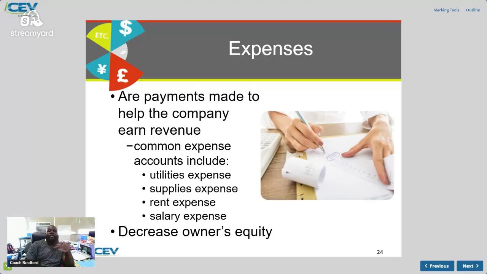Okay. Expenses. Expenses are payments made to help the company earn revenue. Emphasis on that. Everything that they buy is not an expense. Okay, it has to be used to help the company earn revenue.